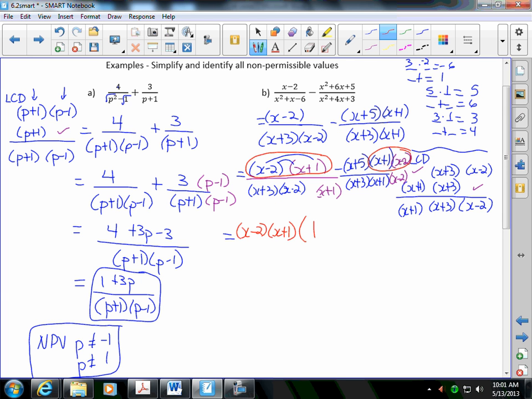And on this side of the equation, if I GCF x plus 2, x plus 1, and x minus 2, I'm left with 1 minus x plus 5. And I still have my common denominator here of x plus 3 times x minus 2 times x plus 1.